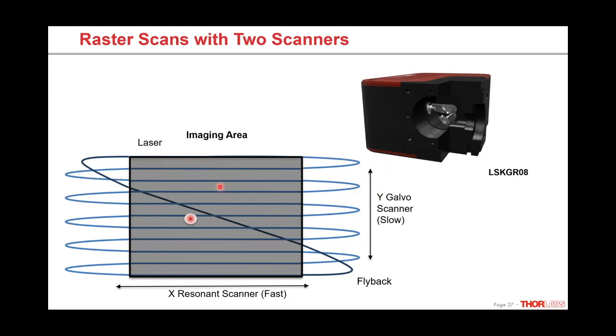The fast scanner will raster quickly each line, and then the slow scanner advances each line and provides the flyback. This is often implemented in a scan head where the laser beam will bounce off one scanner, typically the smaller fast scanner, and then a second scanner, typically the slow scanner, which is frequently larger.